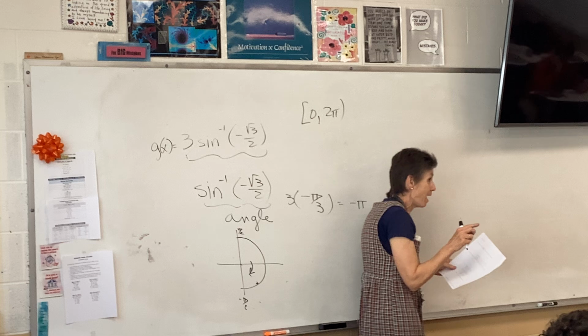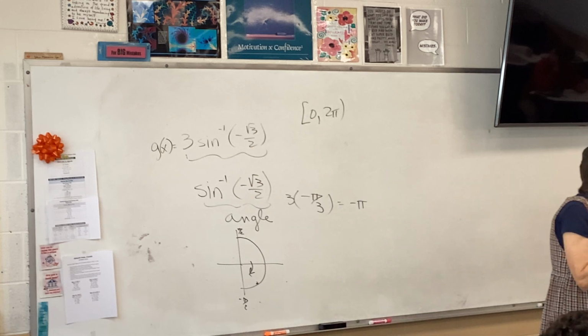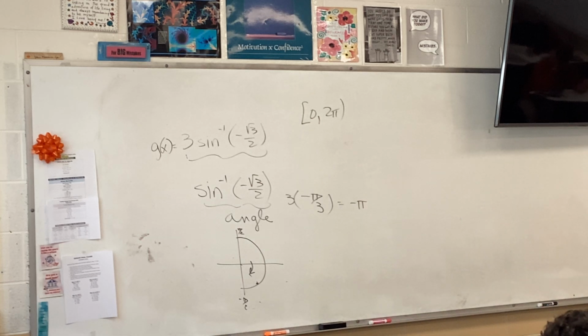Where is y negative 3.14 on the graph? It says how many solutions does it have? So how many places is the y value negative 3.14? Looks like there's 4 of them.